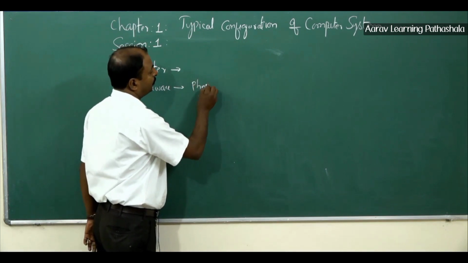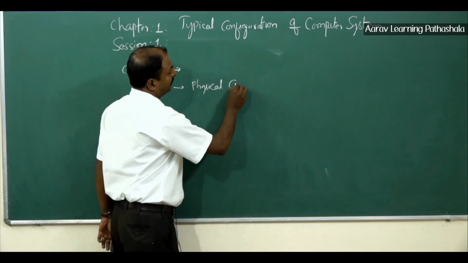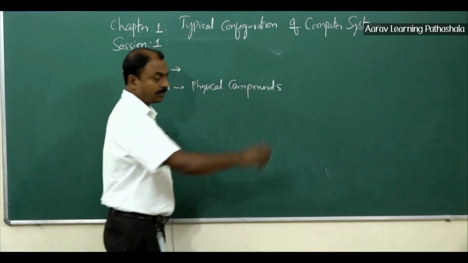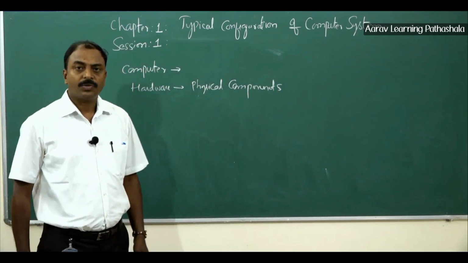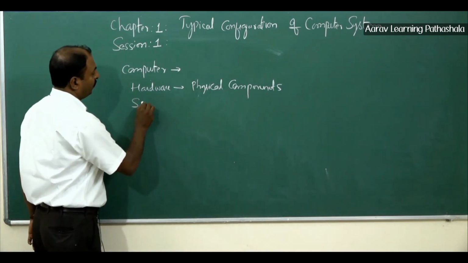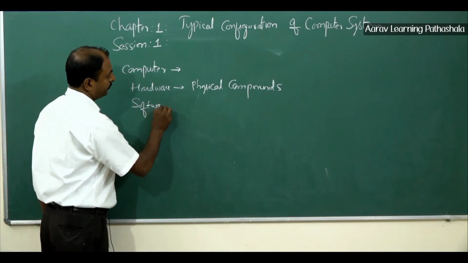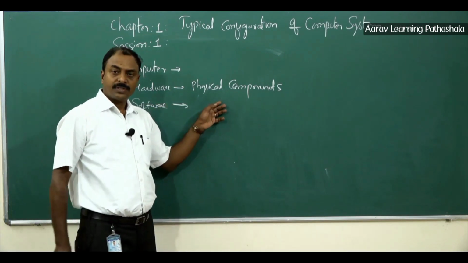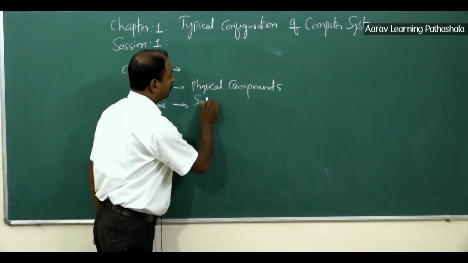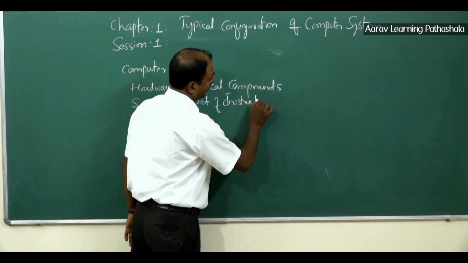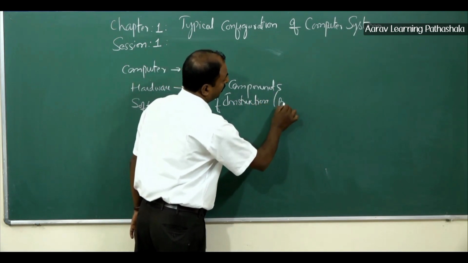The physical components of a computer system, or physical parts of your computer, are called hardware. And software. What is software? Software is nothing but a set of instructions or programs.